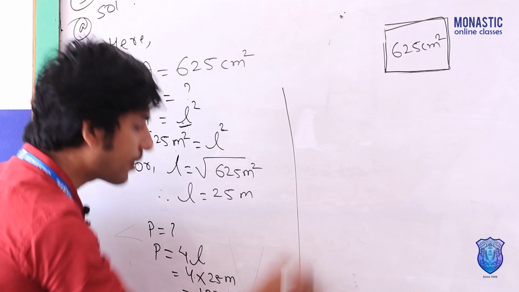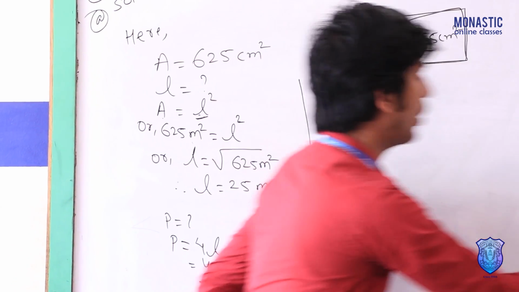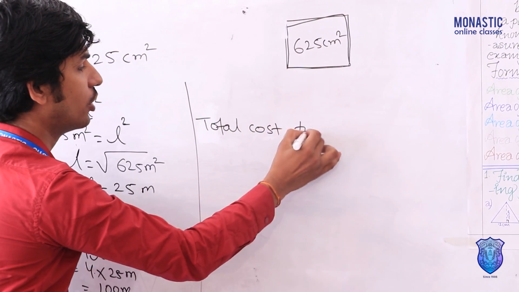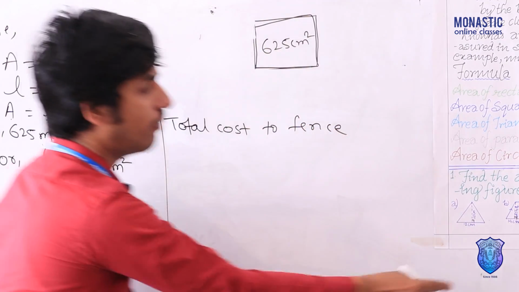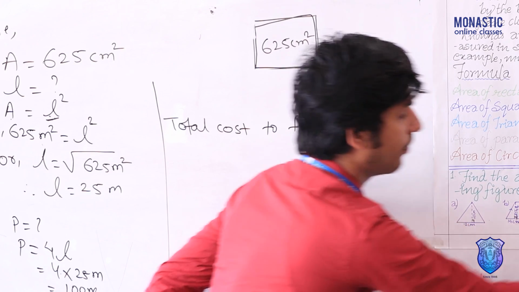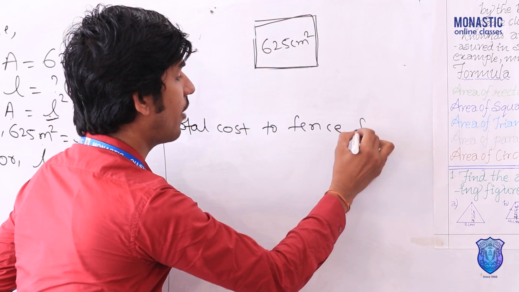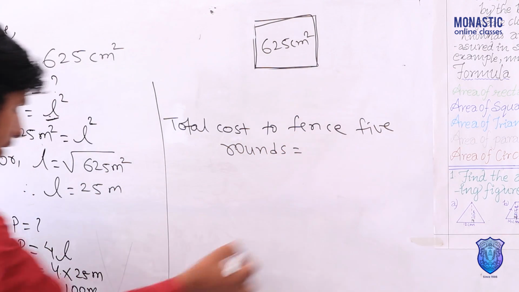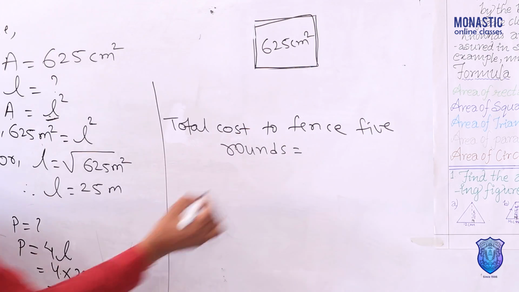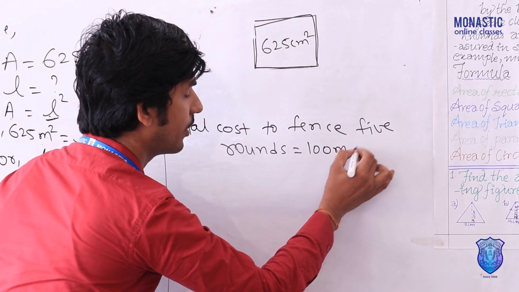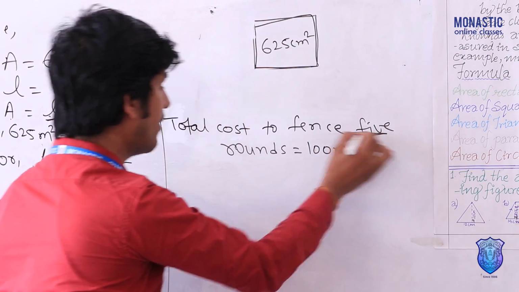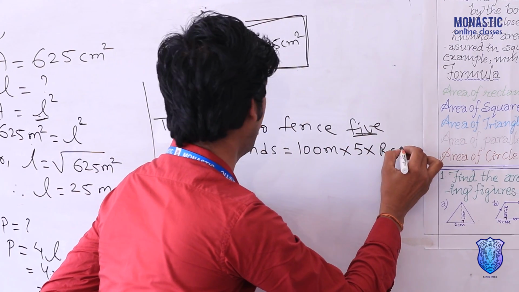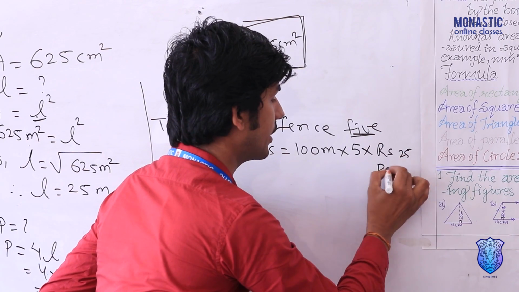Now the question is the total cost to fence 5 rounds. One round is 100 meter. Take 100 meter into 5 rounds, and the cost is 25 per meter.